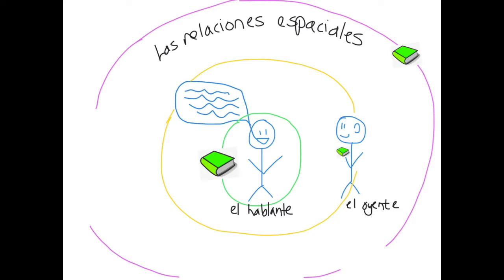So if we've got el hablante here, if they're referencing items, there's 3 categories of distance in Spanish we're going to take a look at. Close to the speaker, a bit further away, and then way further away. So for example, a lot of times the inner ring is thought of the speaker itself.